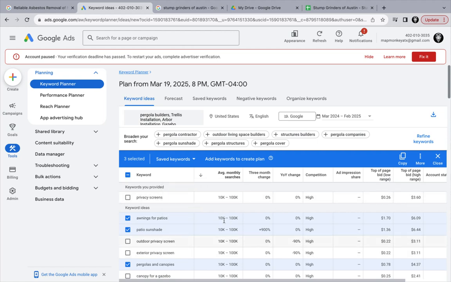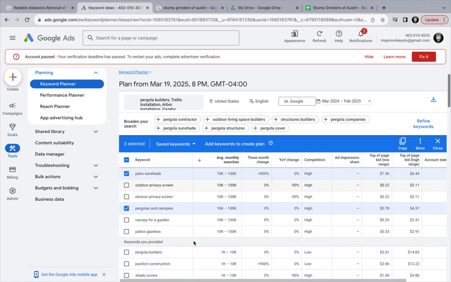They're all 10K to 100K monthly searches. Screen, awning, and shade. So he did a pretty darn good job. Another idea would be to call the business Viking Screens, Awnings, and Sunshades. That could be a really good plan there, actually.